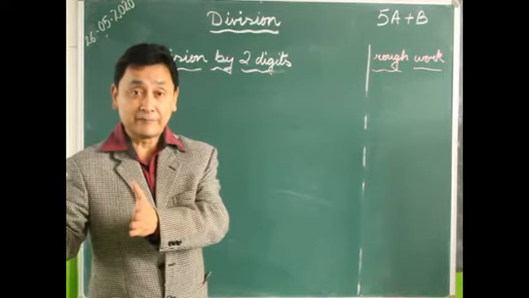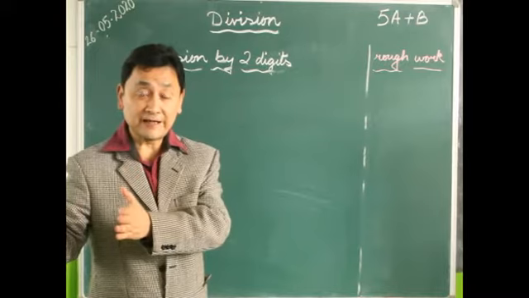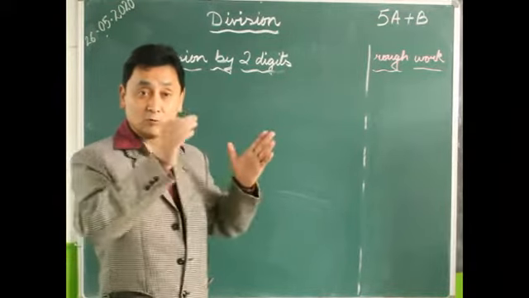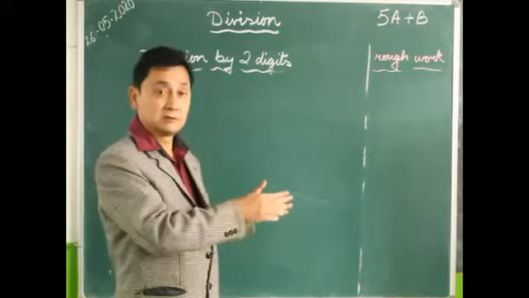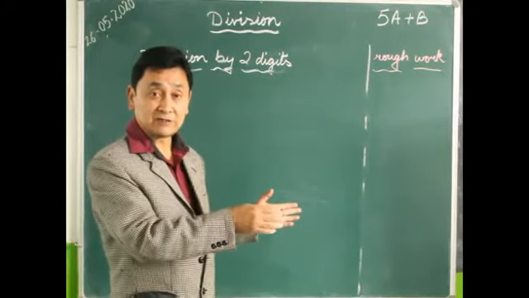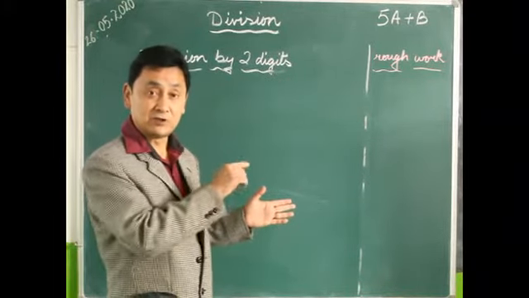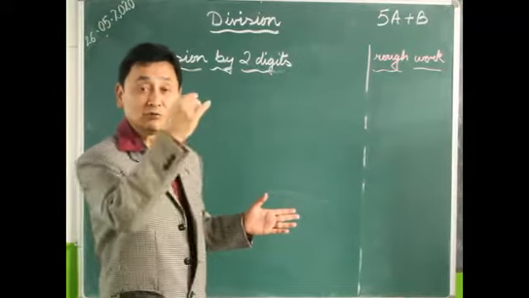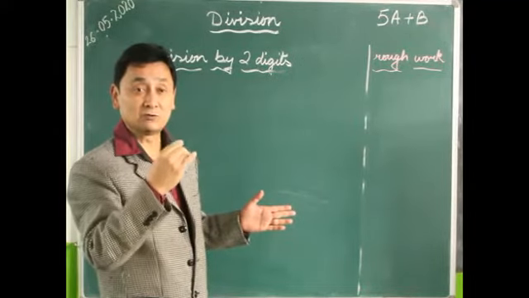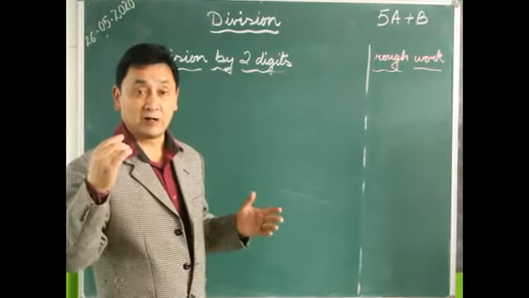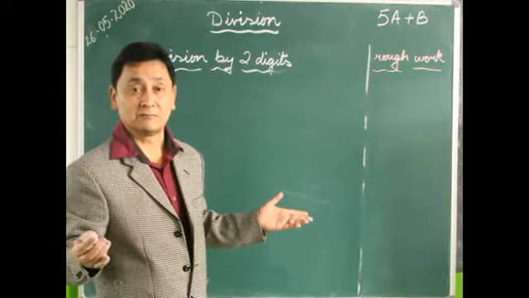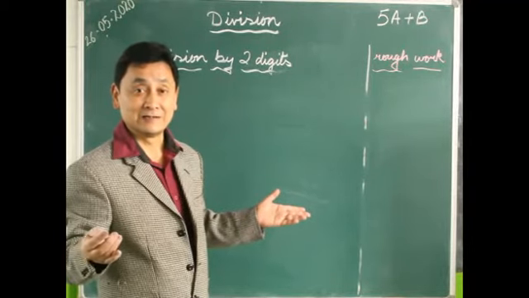Do all 5 sums there, and then open the self-assessment test and choose the correct option: choose A, B, or C. That way, if your answer is right, all your sums will get right.